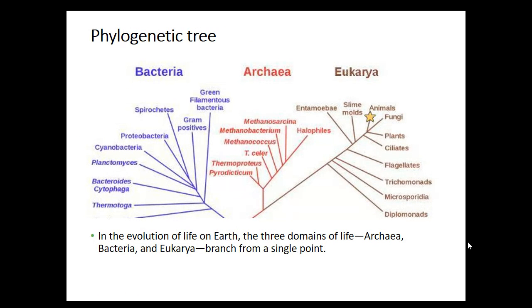Along this main branch, the animals are closer to the slime molds than the fungi are to the slime molds. You think of slime molds because they look similar to fungi. You think that they'd be more closely related, but slime molds are actually more closely related to you than they are to fungi.